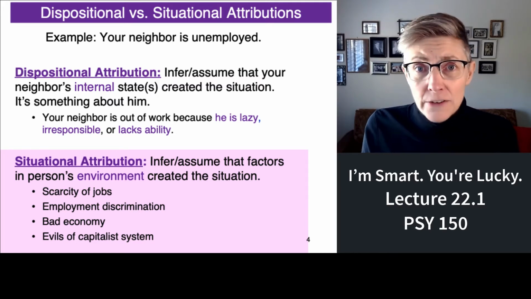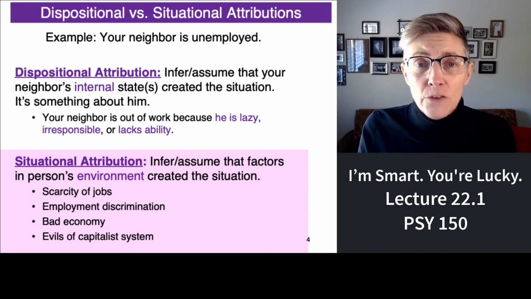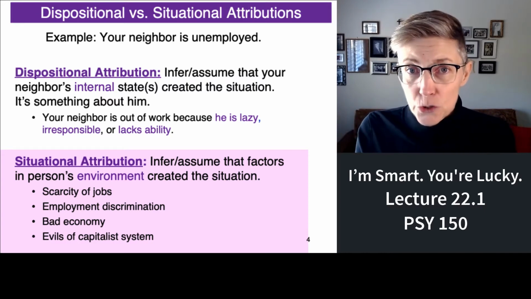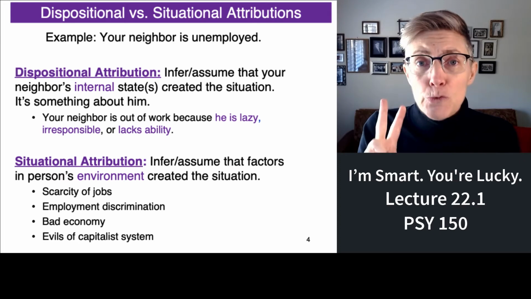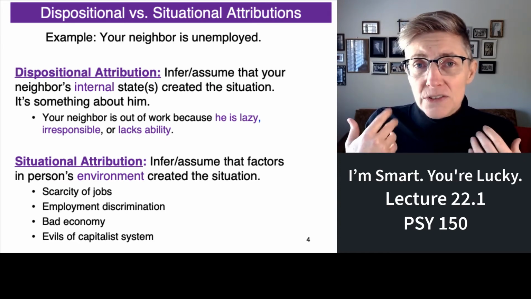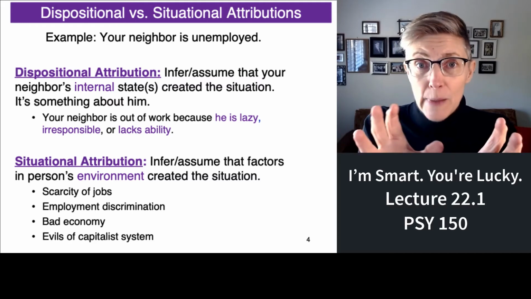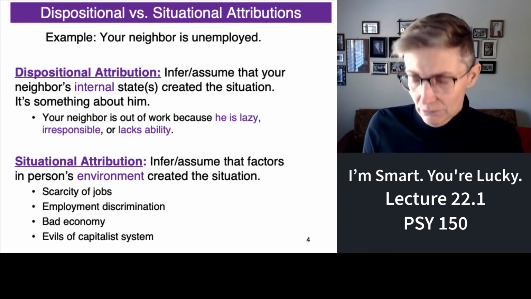It's hard to find a job. The economy is bad. Our capitalist system is keeping people down. These are all descriptions of the situation, not the person, but the situation. So those are the two major types of attributions. Are you attributing somebody's actions or situation to something about them as a person or something about their situation?